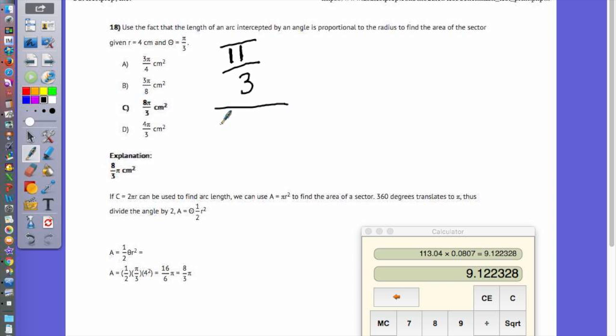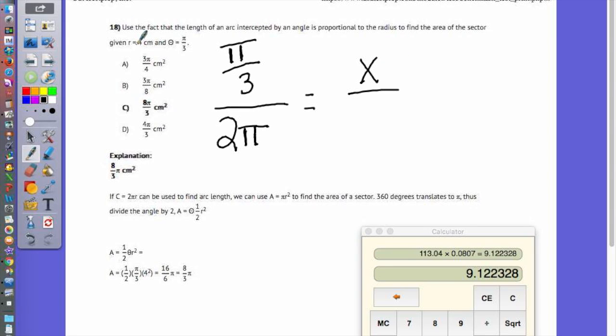And we've said this repeatedly: in radians, there's 2 pi radians in a circle. They want us to find the area. What do they want to find? Okay, so the whole thing about length of an arc intercepted, that's just to annoy me. They want to find the area of the sector.